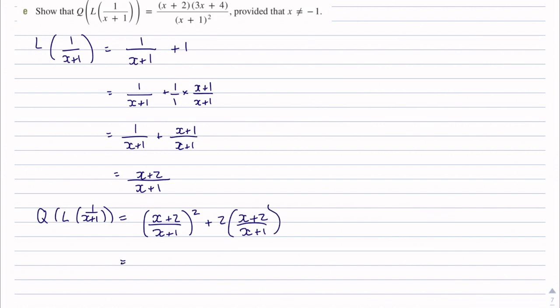So I get x plus 2 squared over x plus 1 squared plus 2, I'm just going to put the 2 with the top. To get the same thing on the bottom, I'm going to want to times this by x plus 1 over x plus 1 because I want x plus 1 squared on the bottom. So I've got x plus 2 squared is x squared plus 4x plus 4.